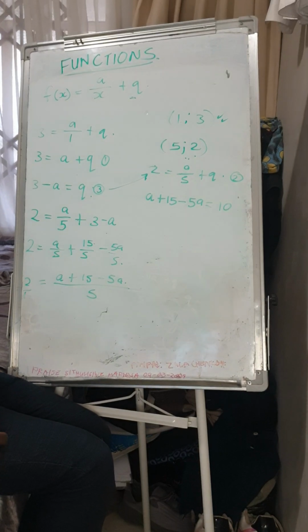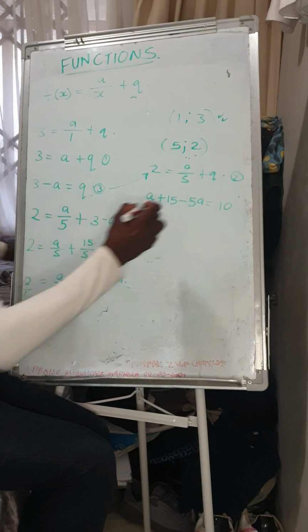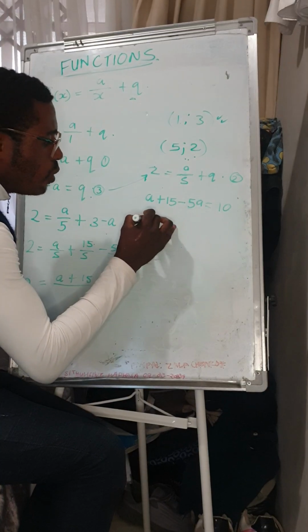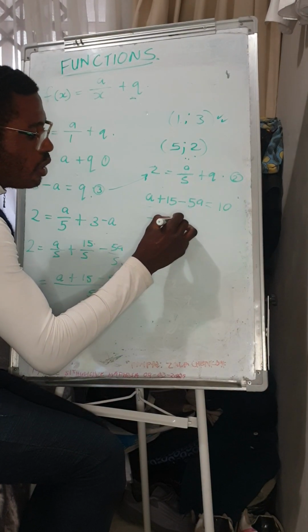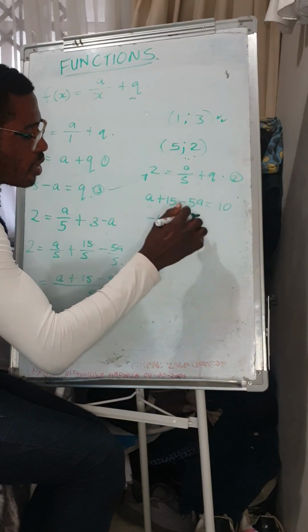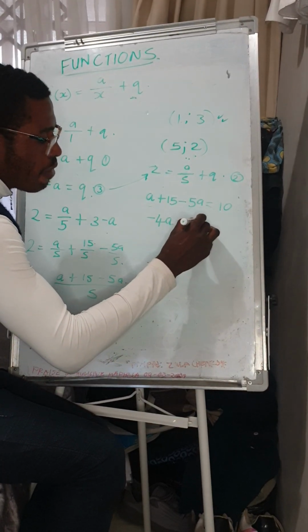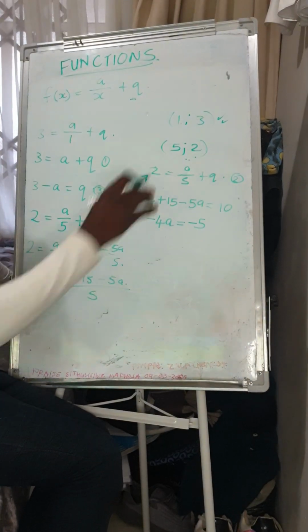Alright, we can work now. Maybe we can join these two. Joining this and this, you get negative 4a. Then you just put equals 10 minus 15. Let's just go straight to the point. Minus 5.